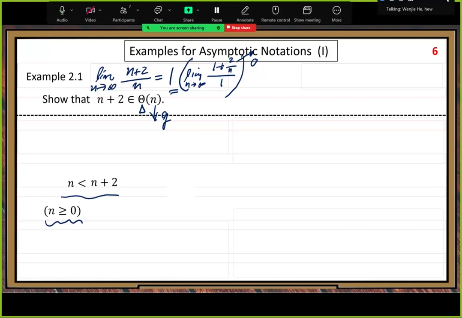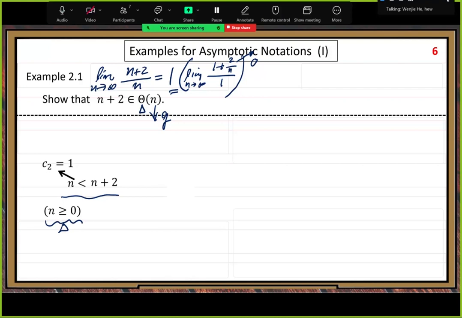In math, if n is negative, this inequality also holds, but in our context we do not have negative values for n. So for that reason we use n greater or equal to 0. That's the C2, so we find C2 equals 1.